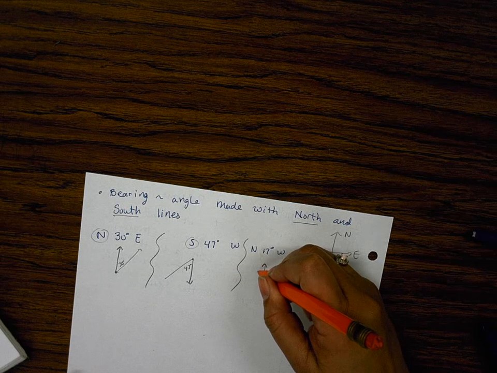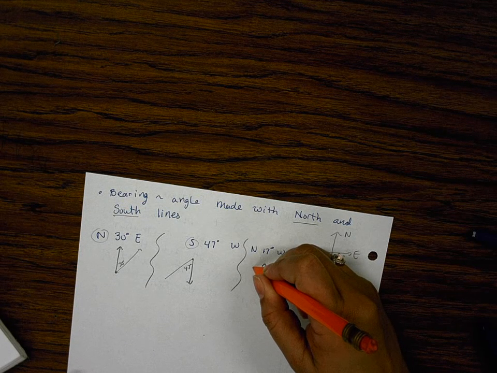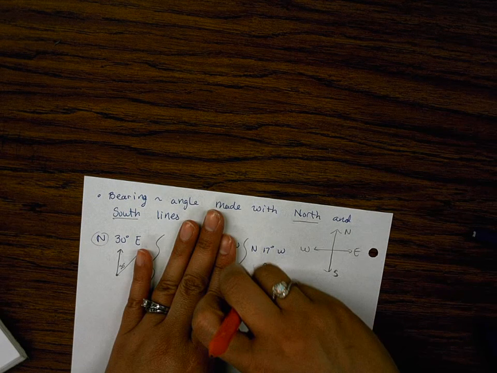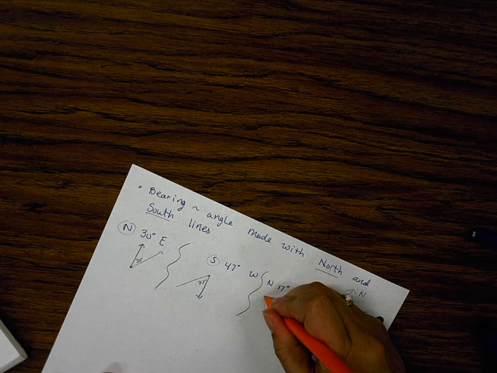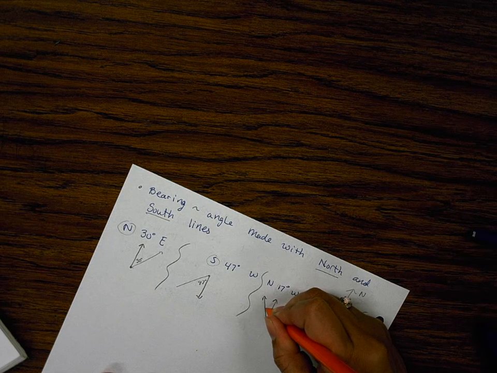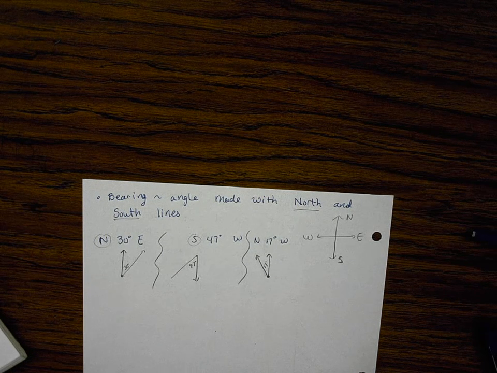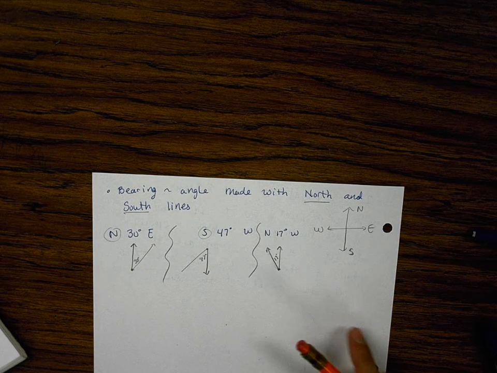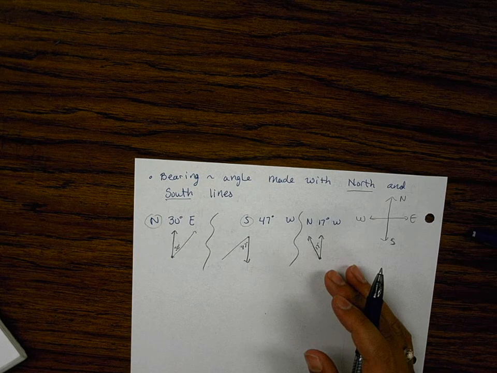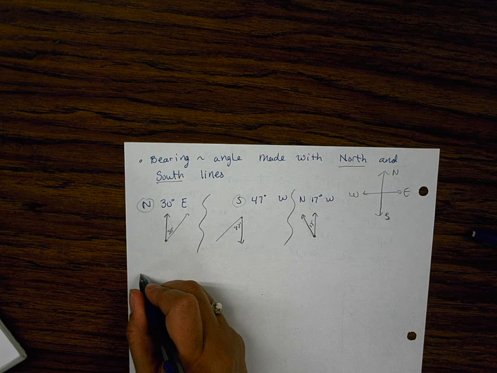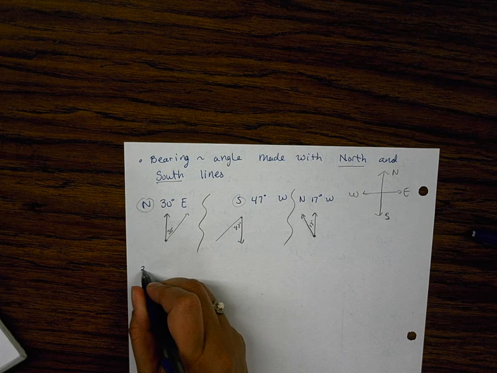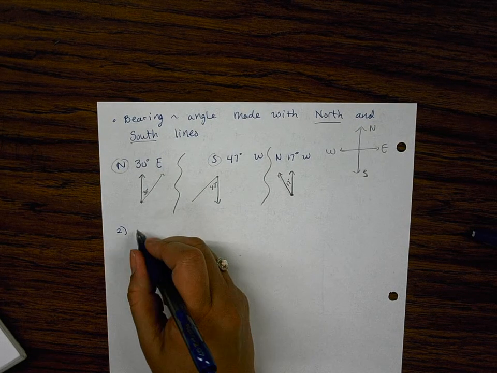West is to the left, so you're going to swing 17 degrees. Now 17 degrees is very small, so I'm just going to make it a little bit bigger just so I can make it clean. North 17 degrees west.